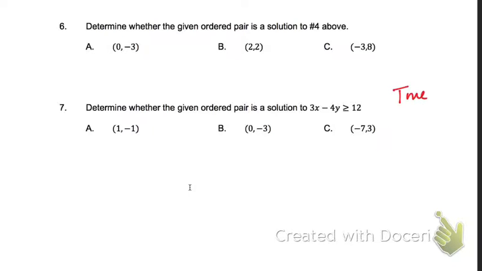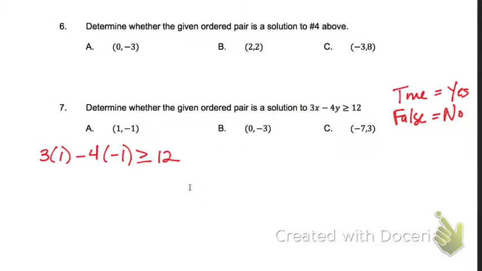So true equals yes, false equals no. So 3 times 1 minus 4 times negative 1 is greater than or equal to 12. Yes or no?